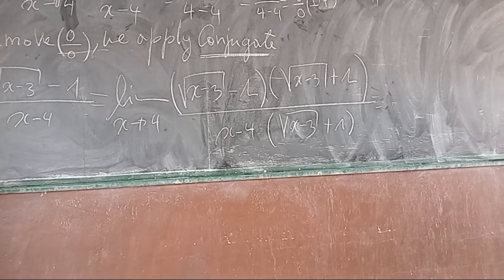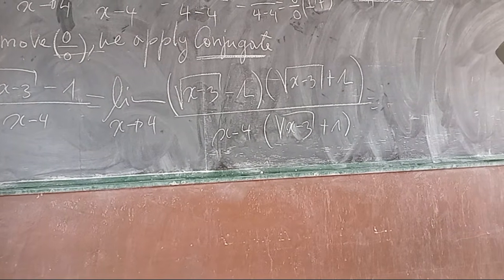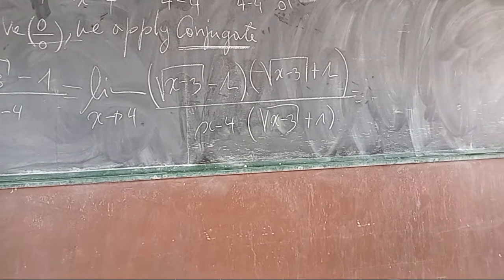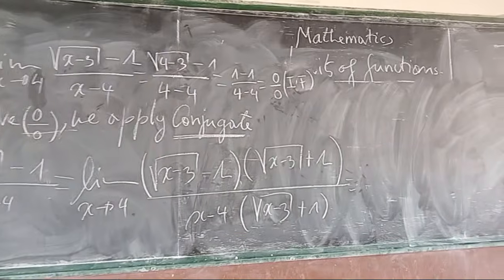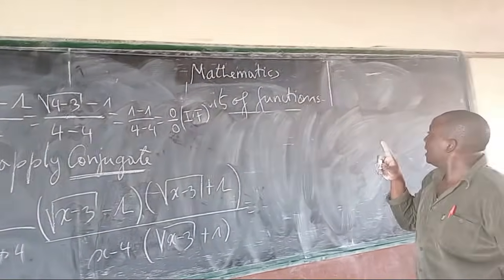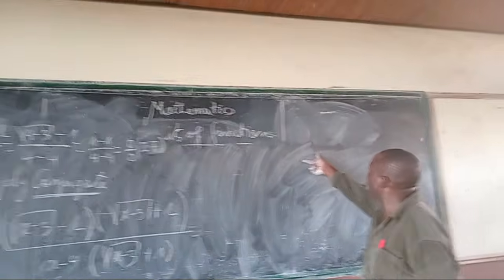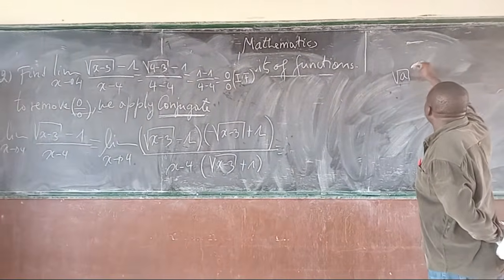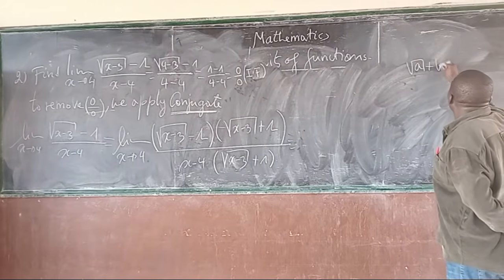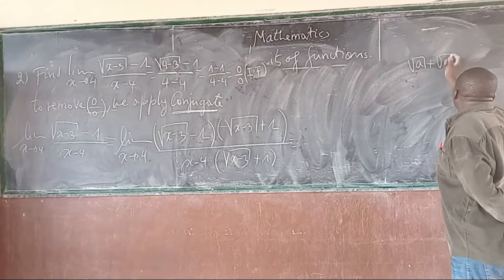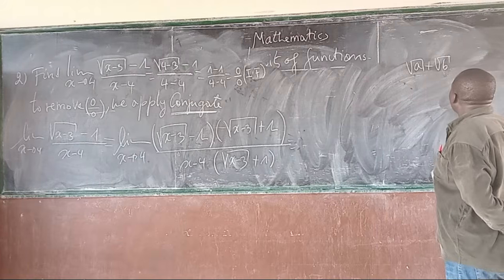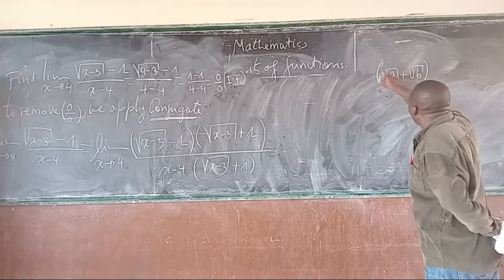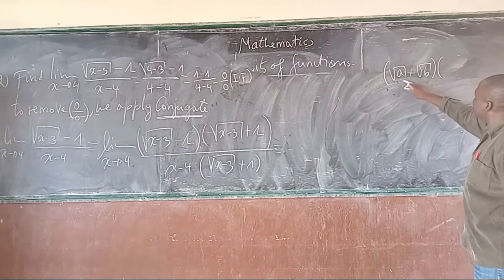Teachers, return back to the topic called surds and indices. From senior 2, there is a topic concerned with radical form, surd form. When we have a square root of a positive number a, plus square root of a number b, both in factor form, then times its conjugate.